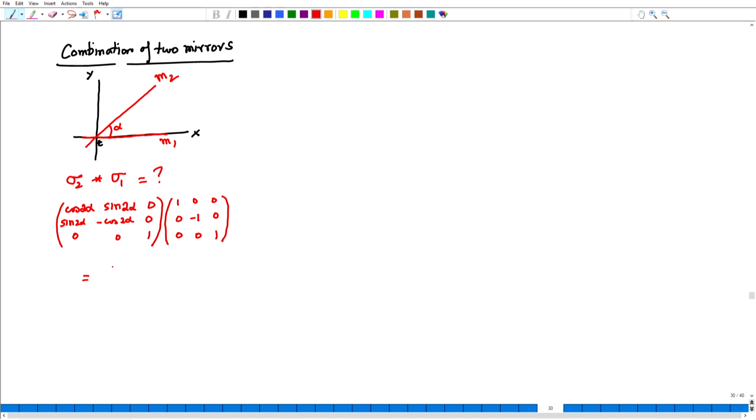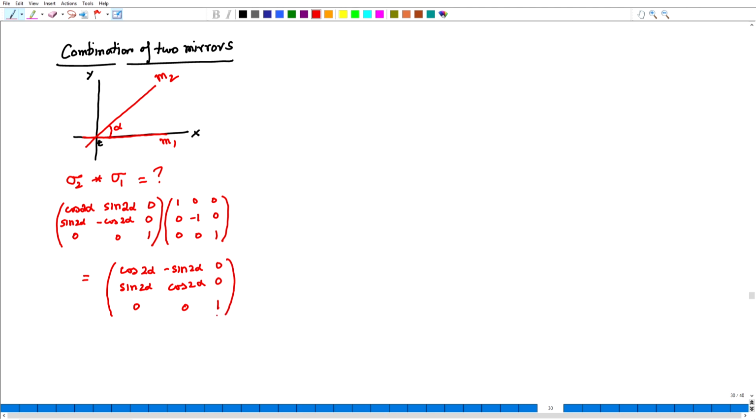Now, when I multiply these two matrices, one would get the following resulting matrix: cos 2 alpha, then first row into the second column would give me minus sin 2 alpha, 0. The second row into the first column would give me sin 2 alpha, cos 2 alpha, 0, and then 0 0 1.